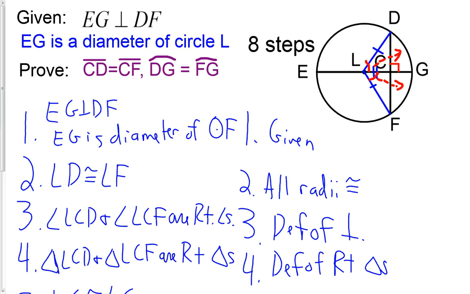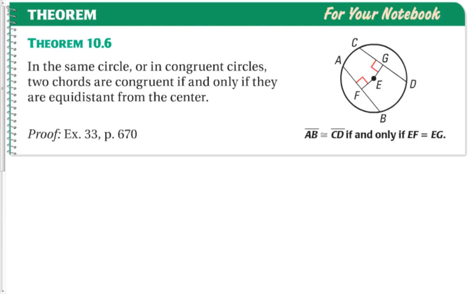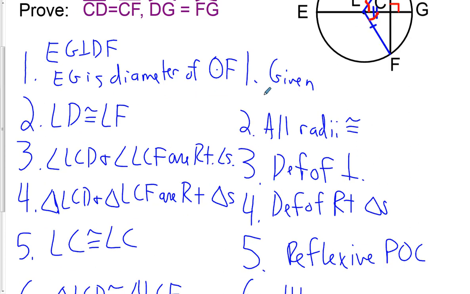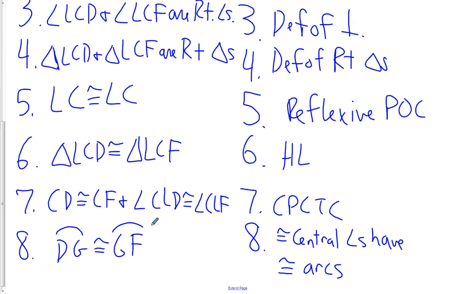So we'll erase the extras. We needed angles congruent to have arcs congruent. So we got the angles, and therefore DG congruent to GF. And notice this is very rare, but this is part of the prove. If you have to go an extra step to finish, that's okay. Congruent central angles have congruent arcs.